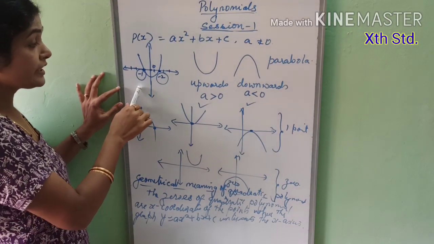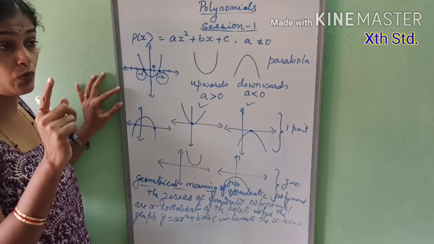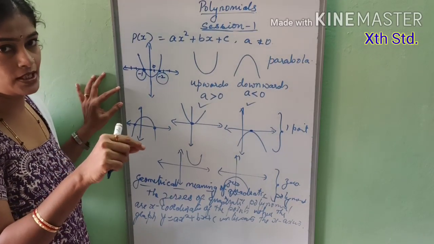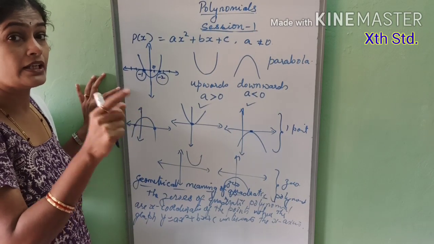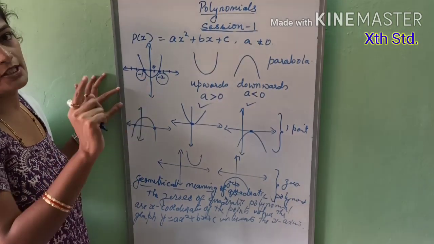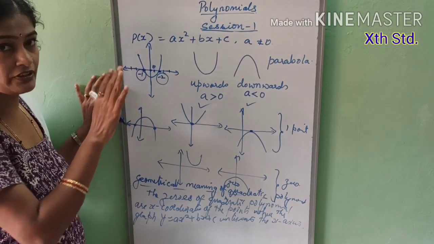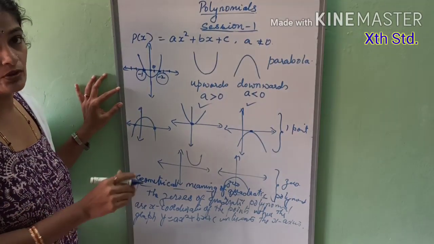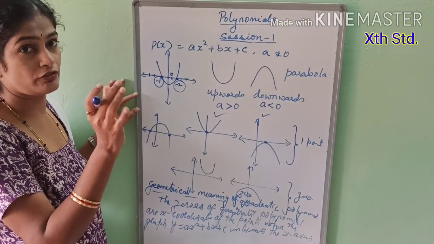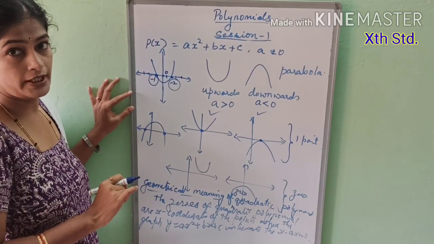Looking at the graph, we can say two things: how many zeros there are, and which zeros they are. This is the geometrical meaning of a quadratic polynomial.